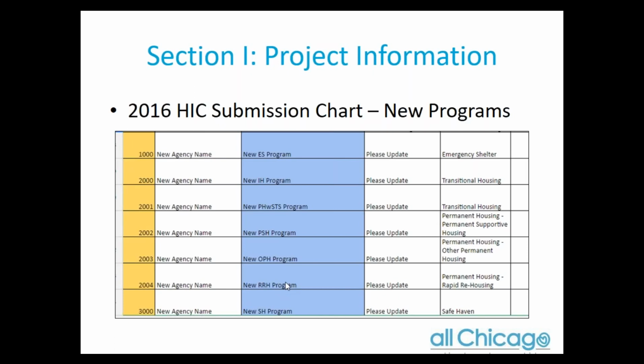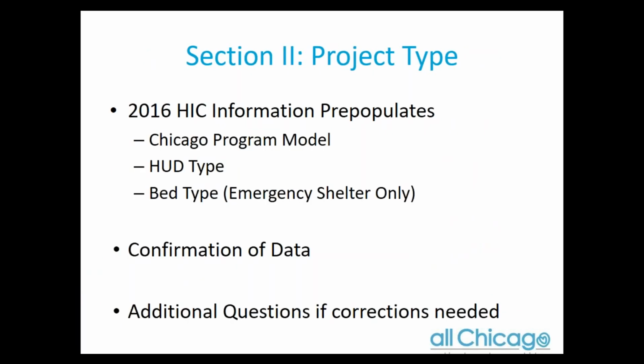For my SSVF and rapid rehousing programs, you'll click new RRH program, and then your password would be 2004. On the back end, I will be updating that information just to make sure that for next year, we'll have your information available.